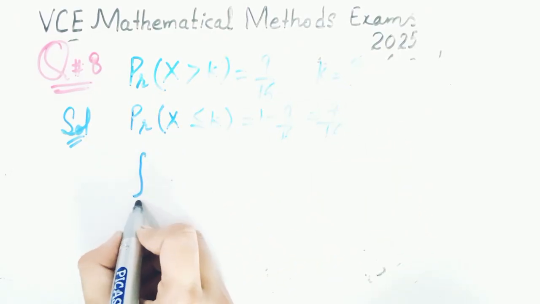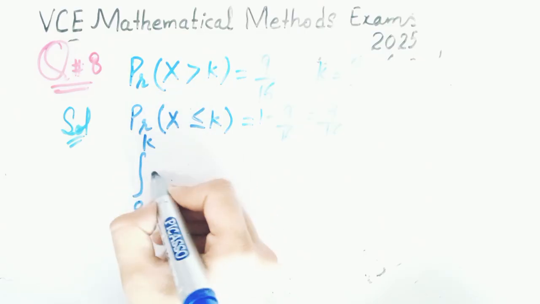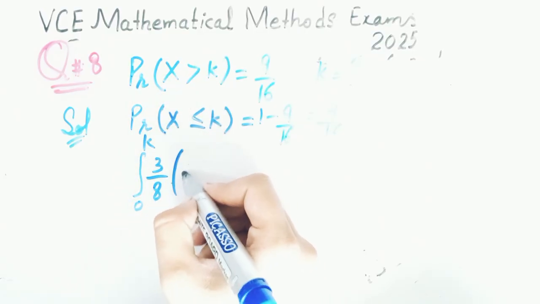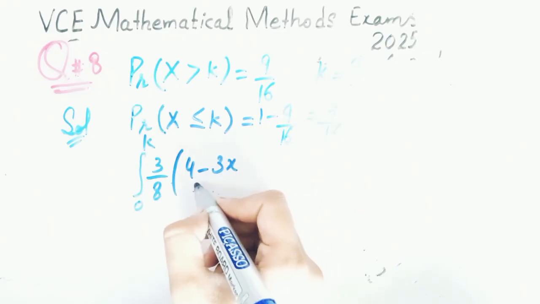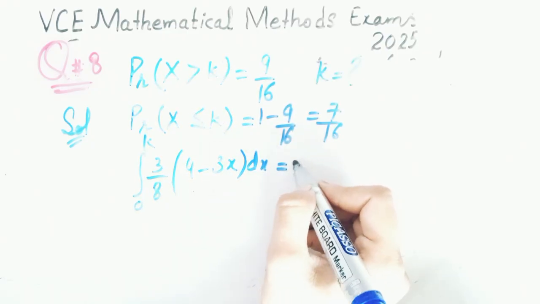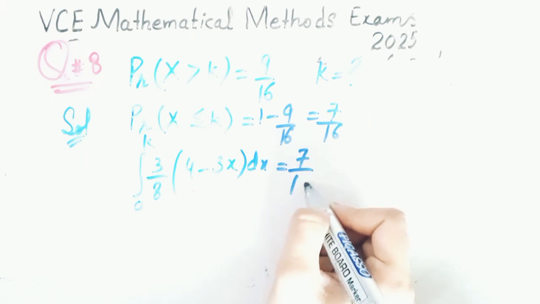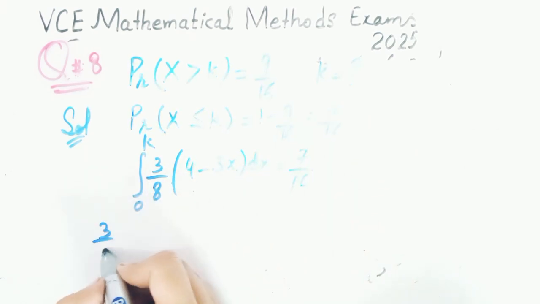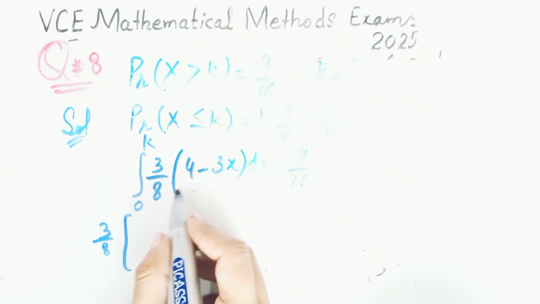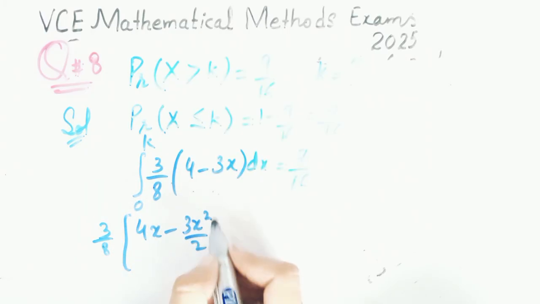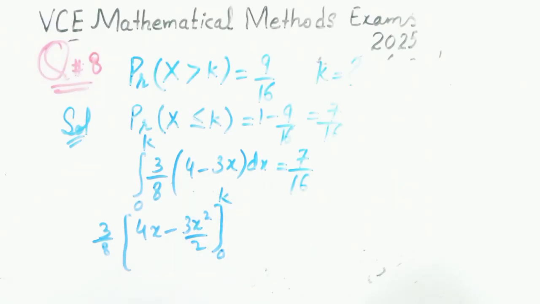We will integrate this from 0 to k, 3/8 times (4 minus 3x) dx, that will equal 7/16. Now evaluate this value. 3/8 is taken as common. Integrate: 4 is 4x minus 3x square by 2, and the limit from 0 to k.